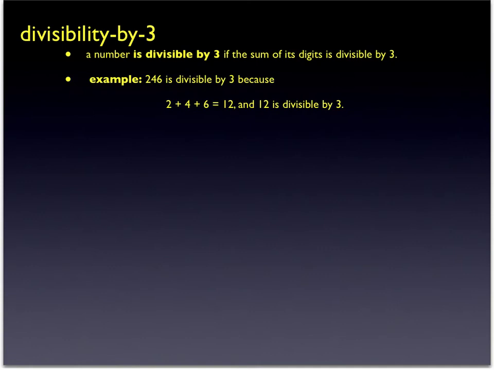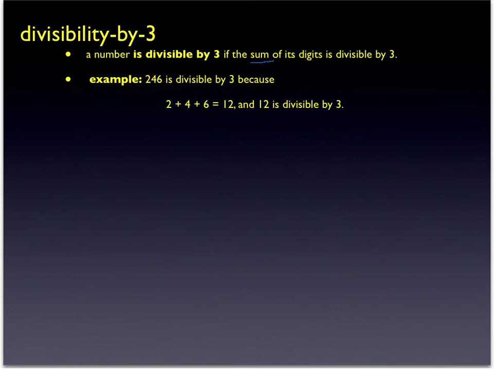All right, so now we're looking at divisibility by the number 3. So remember to write down the rule and write down the examples that I give, okay? So a number is divisible by 3 if the sum of its digits is divisible by 3. And when we talk about sum, of course, don't forget that we are talking about adding all the numbers up.